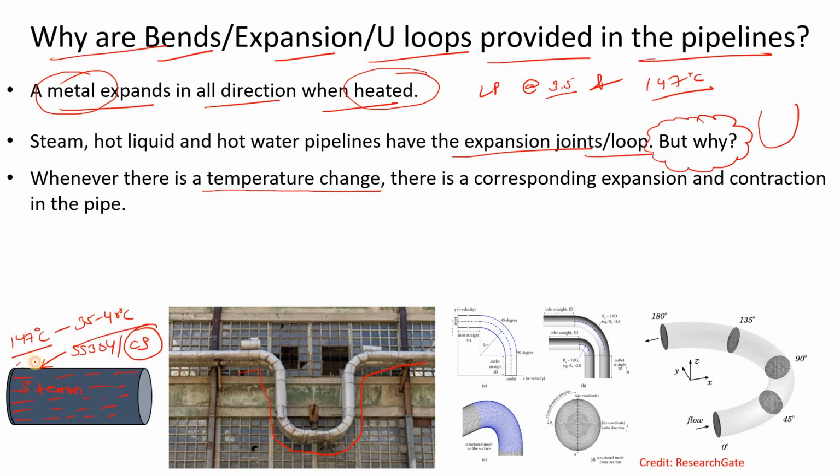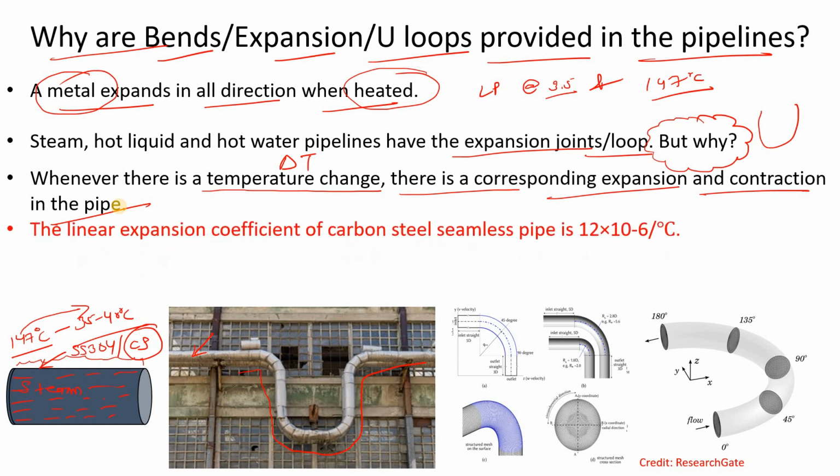We know that we have provided the insulation here, but that insulation is not ideal. Okay, means your heat will not be fully retained. It never happens, right? We have provided the insulation, that's okay, but even after that there will be heat loss, right? So your heat will transfer from higher temperature to lower temperature and your temperature will change. That we call delta T. So what will happen then? There will be a corresponding expansion and contraction in the pipe. I hope you understood my point, what I want to say.